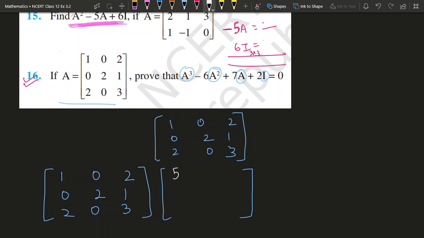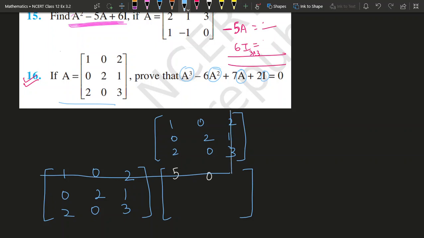You can try multiplying it, and it will result in the number 5. Then you have 102 being multiplied by 020, and you would have the answer 0 when you do the dot product. Then you have 102, and you're multiplying 102 with 213.